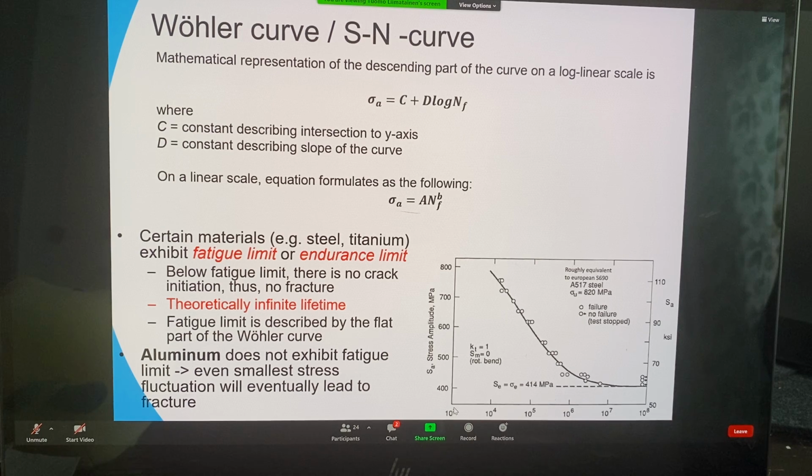It means that no matter how small the stress variation level is, for aluminum it will cause fracture at some point eventually. It might take quite a long time, but nevertheless, eventually it will break. So from that point of view, a stainless steel marine boat would be maybe better than an aluminum boat, if you want the boat to survive to your grandchildren.